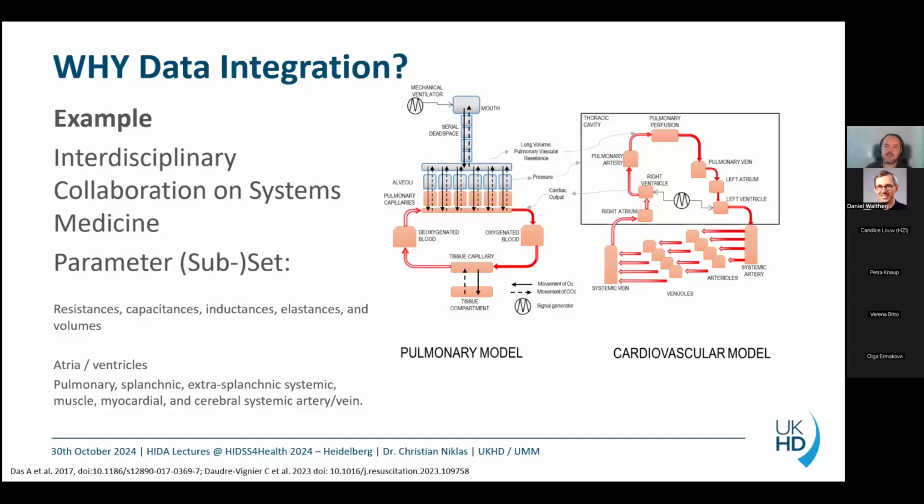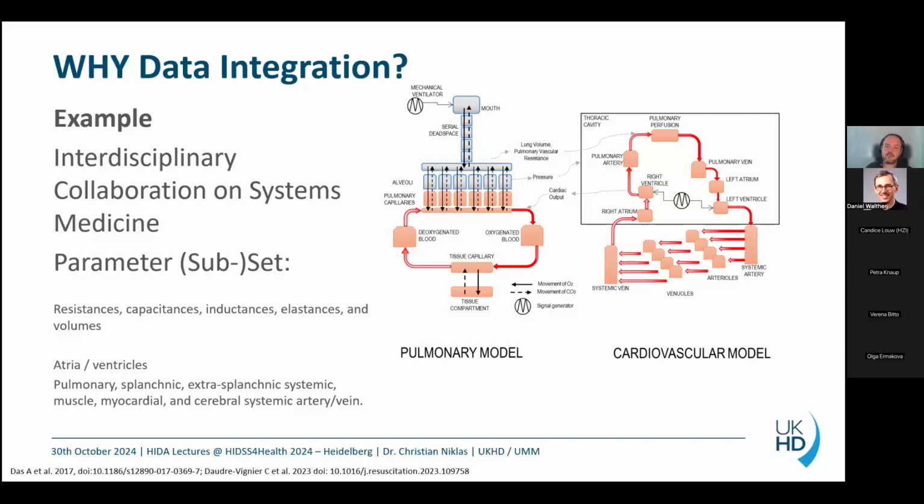All these biomechanic properties that you'd normally have a hard time measuring in a patient, but sometimes we do measure them routinely, and some of these parameters can also be inferred from other parameters that we measure.